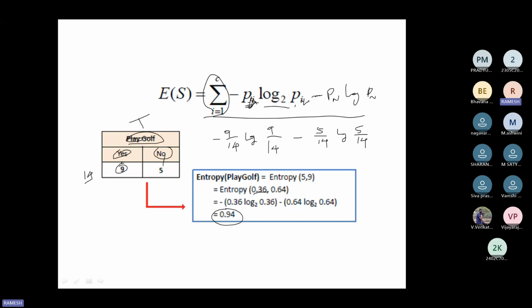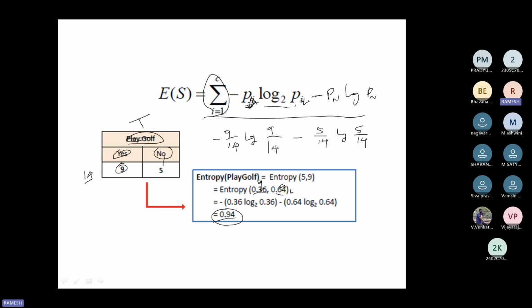Here we have 0.36 and 0.64, that is 5 by 14 and 9 by 14. Once divided and substituted in the log equation, no need to be confused. If we compute these values, we get the entropy of the target variable as 0.94.